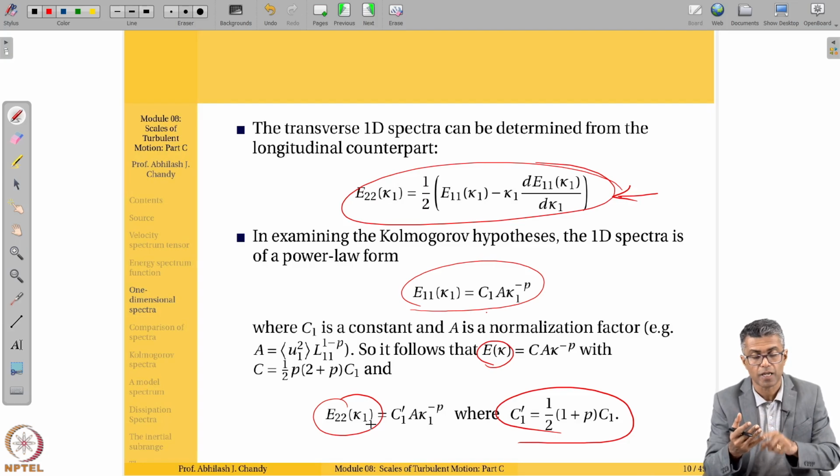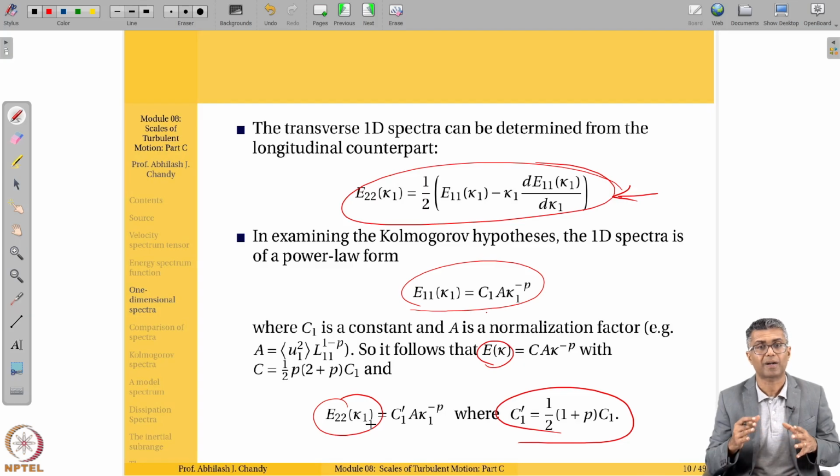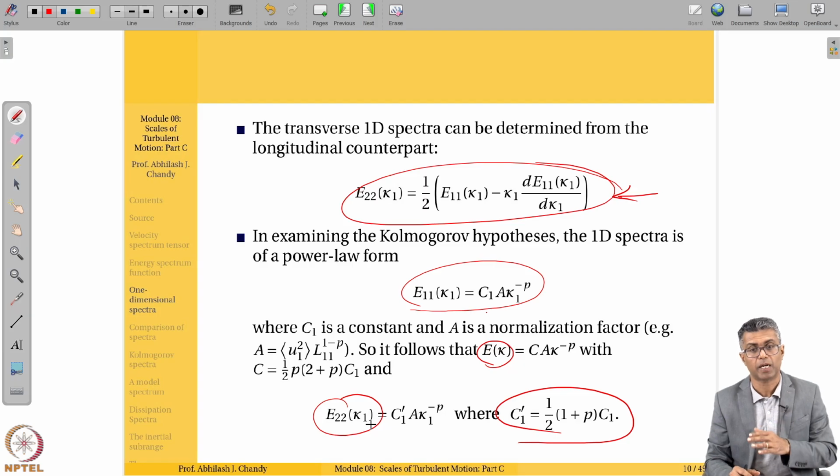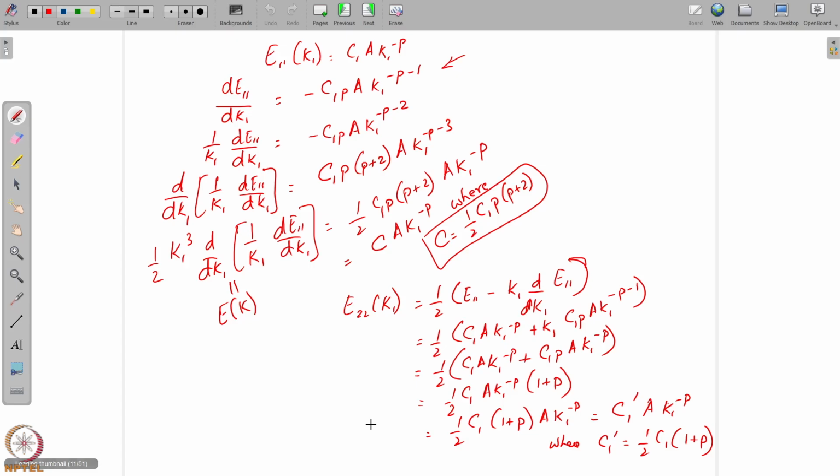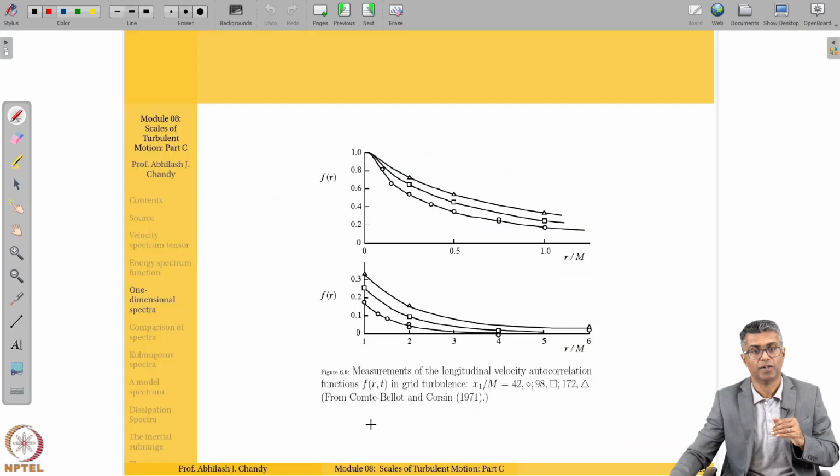All of E of k, E11 of k, E22 of k follow a power law with P as the power. We haven't determined what P is going to be, but we'll come to that in a bit. A is some kind of normalization factor. Now obviously their constants are slightly different, their normalization factors are slightly different, but essentially they have the same variation with wave number. That's what we are trying to say, and that is what we have derived here.